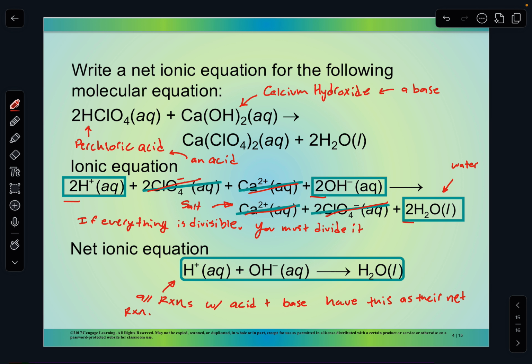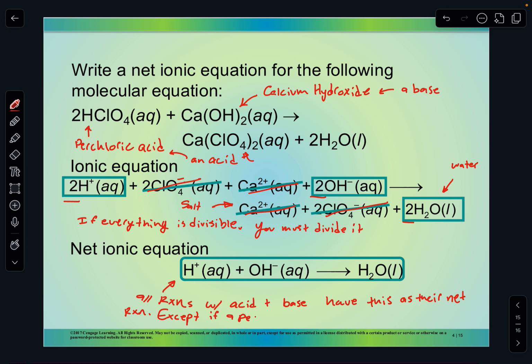That being said, if the product that you make is a precipitate, so let's say that CaClO4 was a precipitate, then you would have a precipitate, so that would be part of your net reaction.